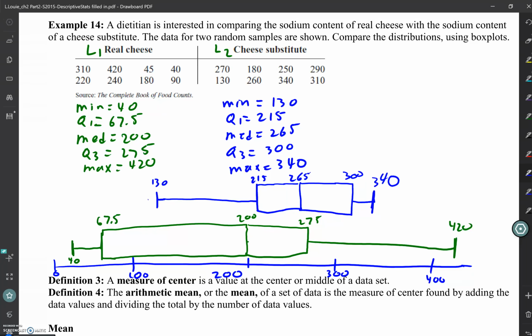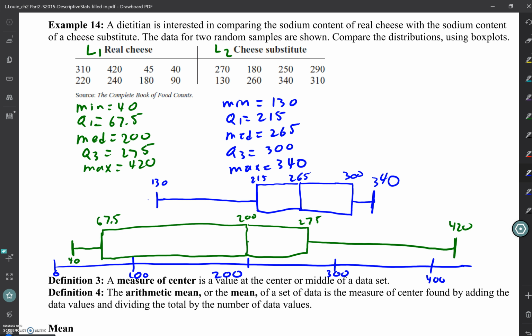We notice that because the minimum of the substitute is much higher than our minimum for the real cheese. But the bulk of our data for the substitute, quartile 1 is even above the median for the real cheese. So 75% of the sodium content in the substitute is above the 50% mark for our real cheese.